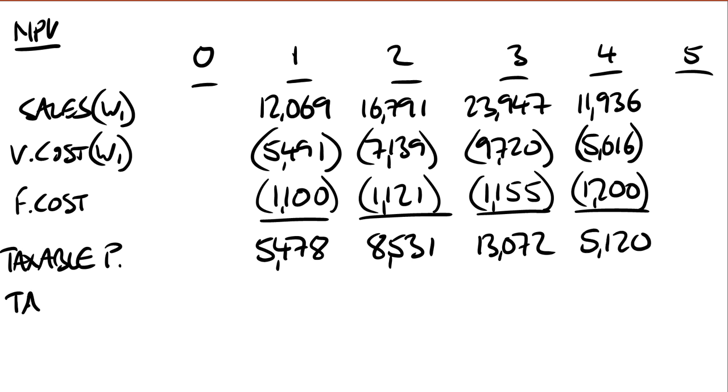The tax is at 28%. So 28%, and don't forget it's payable the year after. So 28% of 5478 is going to be 1534.